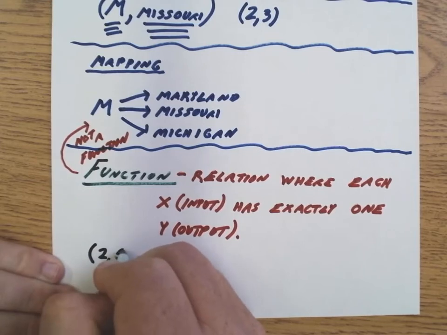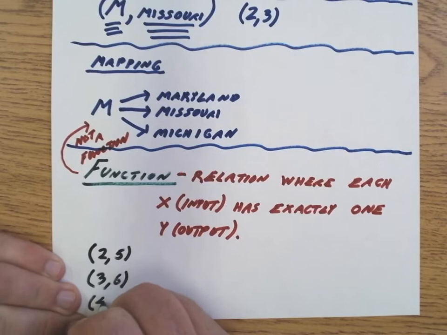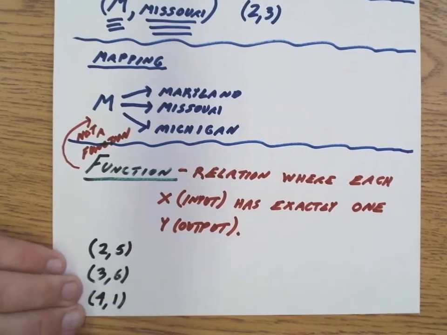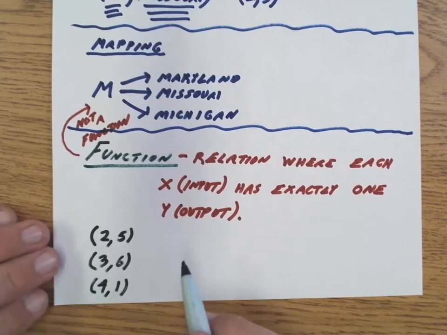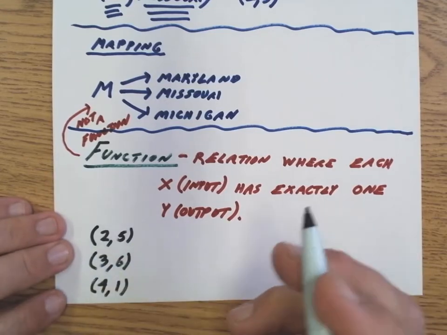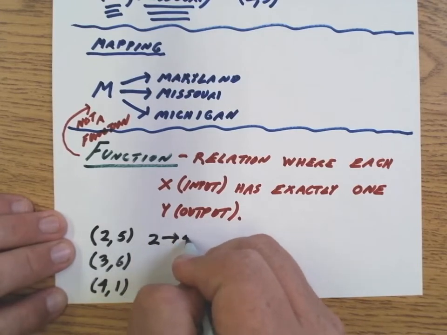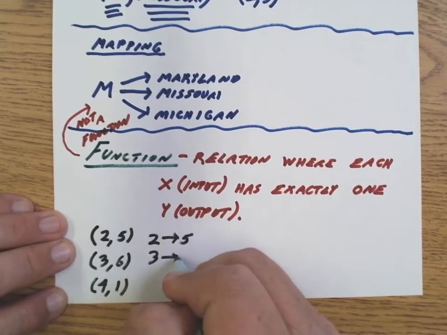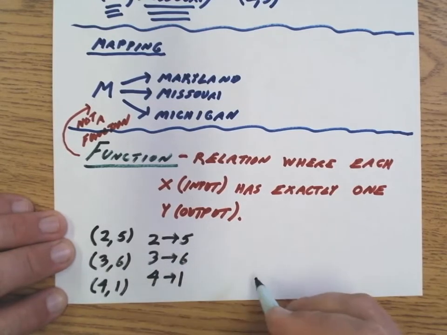Let's take (2, 5), (3, 6), and (4, 1). This is a function. Each x is paired with one y, and I'm going to map it to show you that. 2 goes with 5, 3 goes with 6, 4 goes with 1. Function.